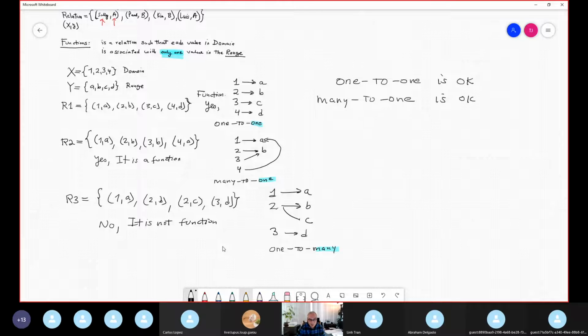And why is it okay? Because it's only one in the range. I don't care what happened in the domain. And one-to-many? No, it's not okay.